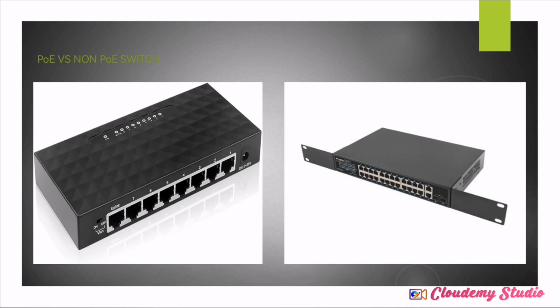PoE has the function of powering the cameras and also receiving and transmitting data using the same one network cable. But with non-PoE, using that same network cable, you cannot switch on the camera. It will still require power for the cameras to go on. That's the difference between non-PoE and PoE switches.